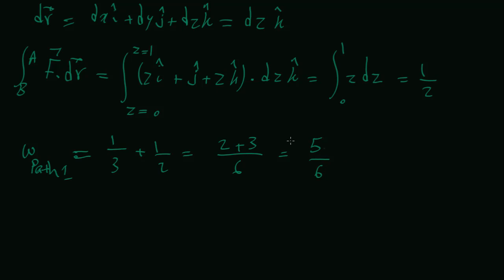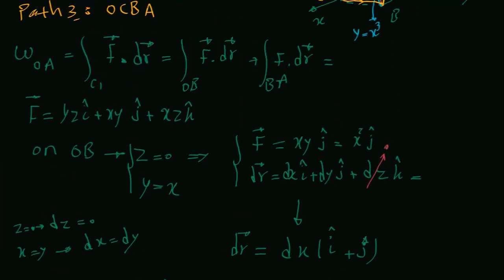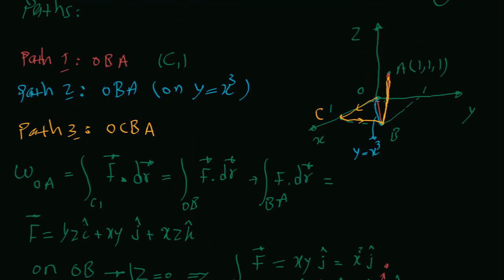Its dimension is going to be Newton times meter, because we are multiplying something with the dimension of force, which is Newton, and something with the dimension of displacement, which is meter. So that's the work done by force F on particle P when particle P moves from O to B and then to A.